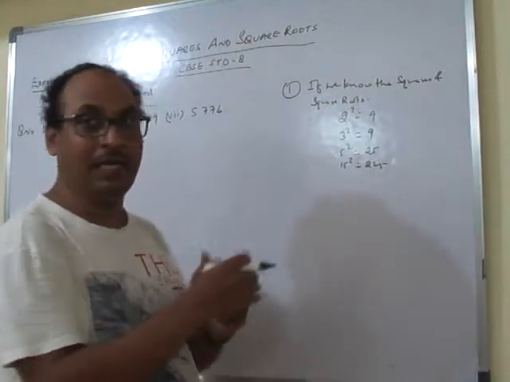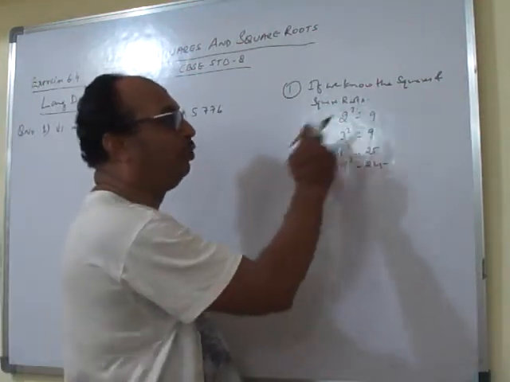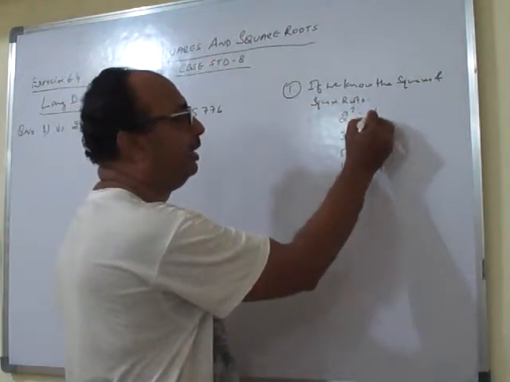If we are aware of the square, then we will be able to find the square root. Sorry, it is not 9, it is 4.